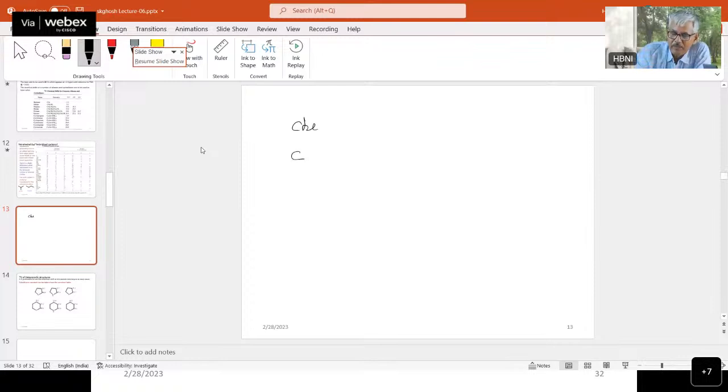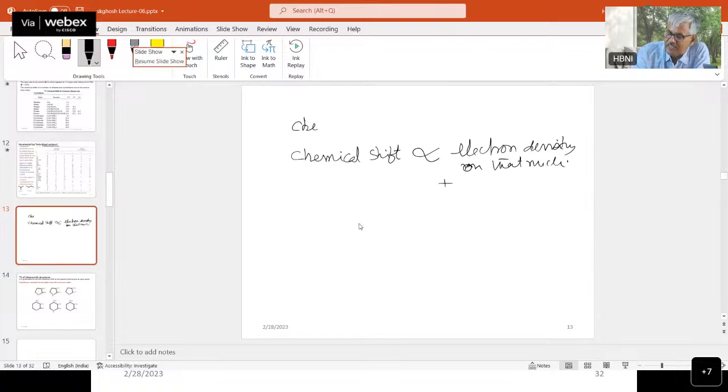See, what we have seen, the chemical shift is solely decided by... so chemical shift is directly proportional to the electron density on that nuclei, plus various other effects, specifically the delta magnetic and delta electrostatic. So these three are the major things.